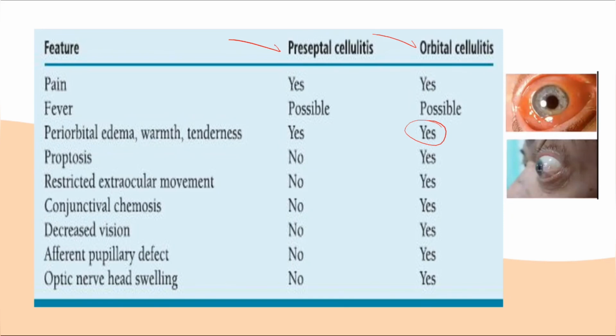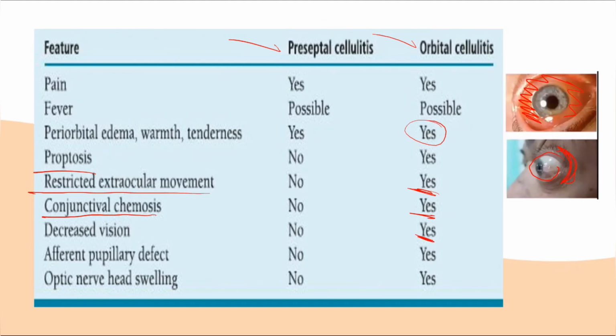There is also conjunctival chemosis in orbital cellulitis. So this is chemosis. There might be proptosis. The eye goes forward because of increased pressure here. The patient might have restricted eye movement and pain with the movement, so there will be ophthalmoplegia in orbital cellulitis.